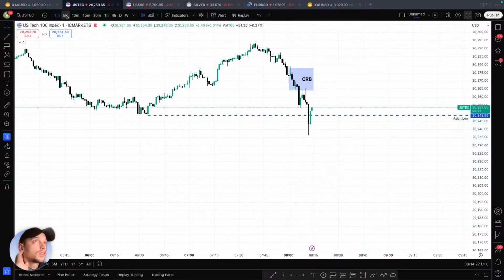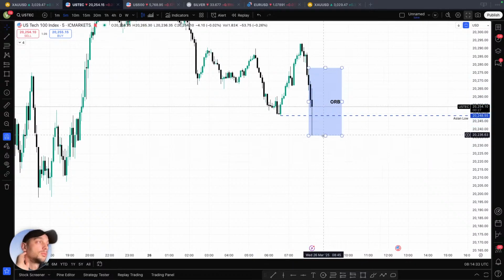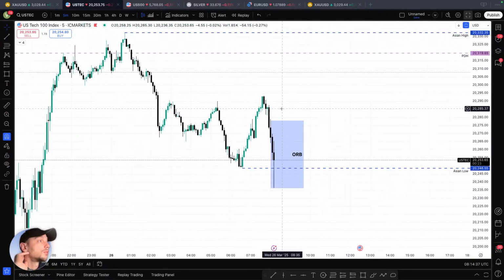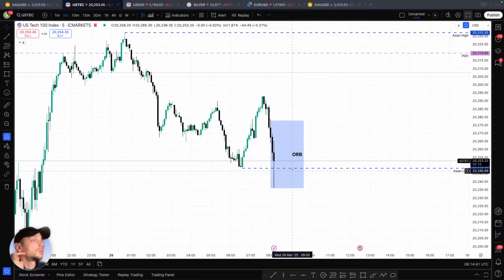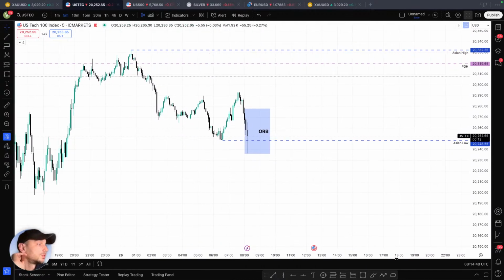But this is a good sign as well, because now we can watch the 5 minute ORB. If the 5 minute ORB goes below, that's good, because that means we're gonna trend below the Asian low, or if it goes high, that's a good sign again, because that means we took the Asian low and now we're ready to go even higher. So no matter what happened, we're good.